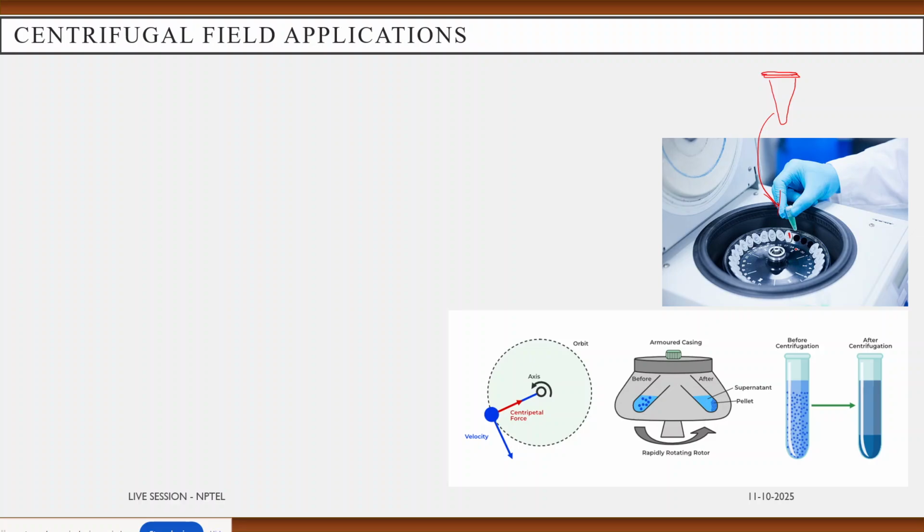That is how the centrifuge operation works. You close this lid, switch it on, and it will rotate. You can see this is the axis of rotation, and this is the orbit. Suppose this is your centrifuge tube, where a centripetal force is working, and this is the velocity of rotation.